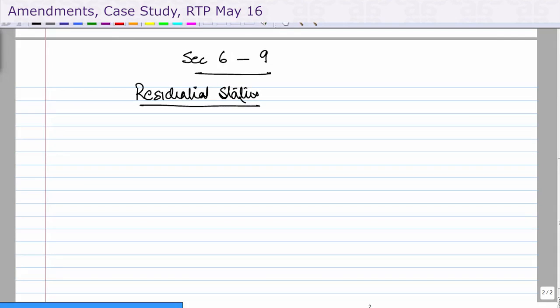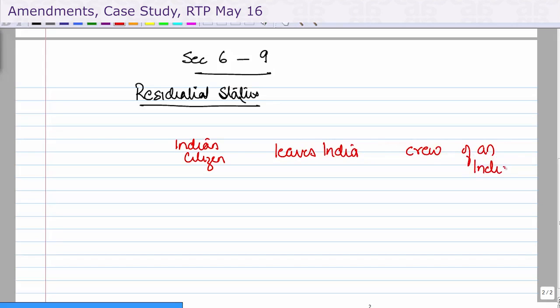During the course of the classes, I had said for a person being an Indian citizen who leaves India as a member of the crew, and the words were of an Indian ship. Now there was a lot of confusion regarding Indian citizens who were leaving India as members of crew of foreign ships.